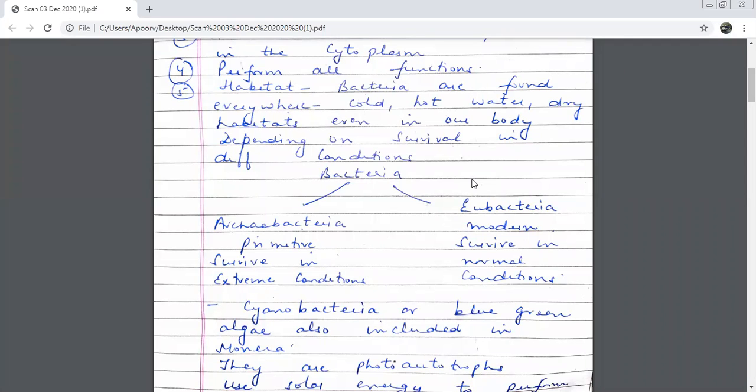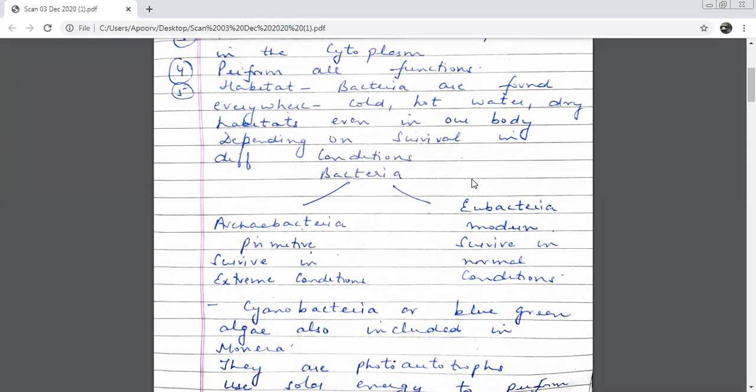And those which cannot survive if taken to extreme conditions, they die. What are they called, beta? Eubacteria. So till now, when we are talking about Monera, we have discussed two types of bacteria. Can we have their names again? Archaebacteria and eubacteria. Very good.